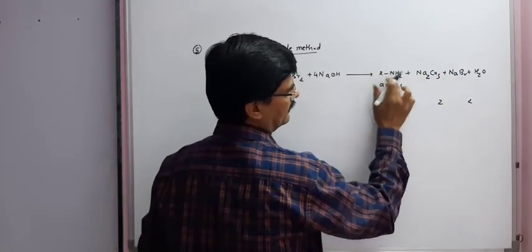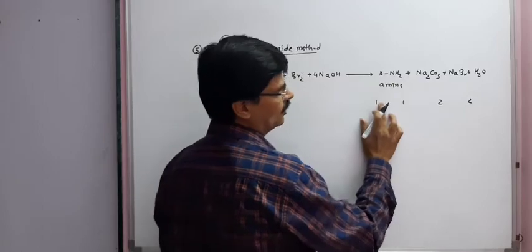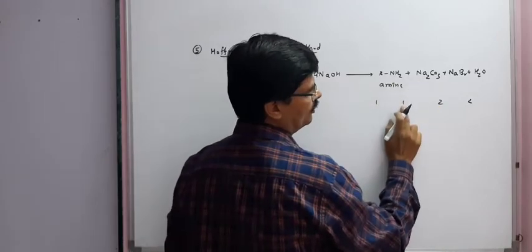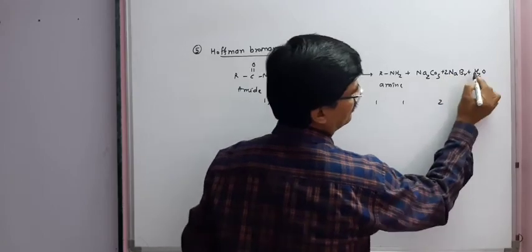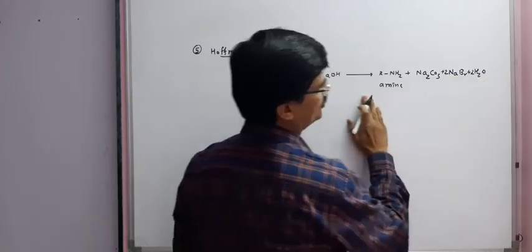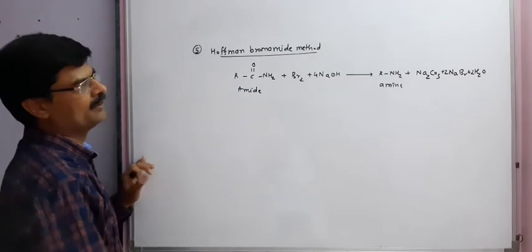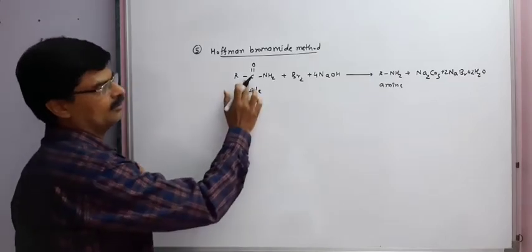So 1 mole of RNH2 amine, 1 mole of Na2CO3, 2 moles of NaBr and 2 moles of H2O. This is one way to remember it in an easy manner.